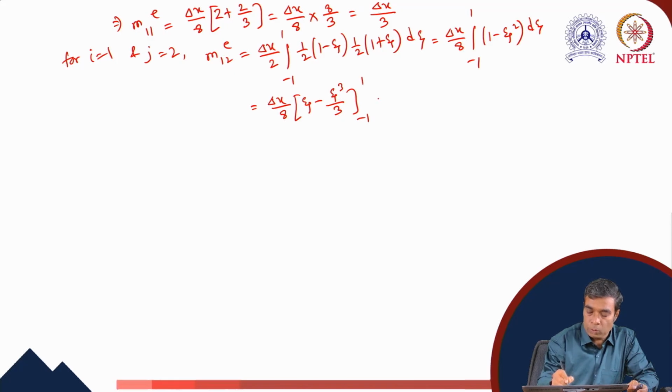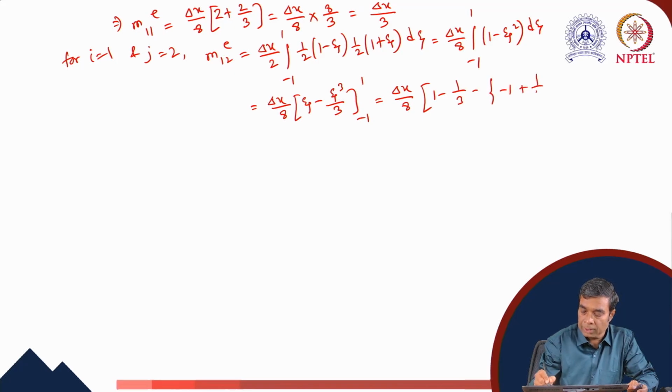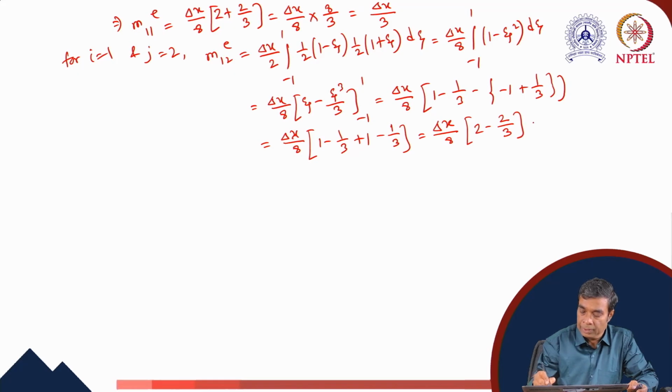Range is from minus 1 to 1. This is delta x by 8, 1 minus 1/3 minus minus 1 plus 1/3. This equals delta x by 8 into 1 minus 1/3 plus 1 minus 1/3, equals delta x by 8 into 2 minus 2/3. So this is giving us delta x by 8 into 4 by 3 equals delta x by 6.